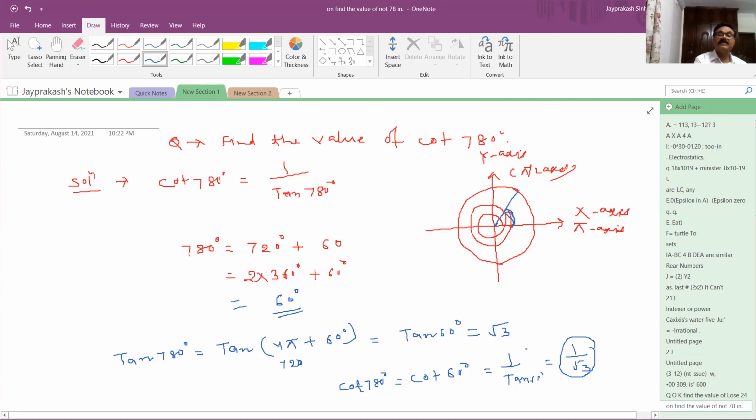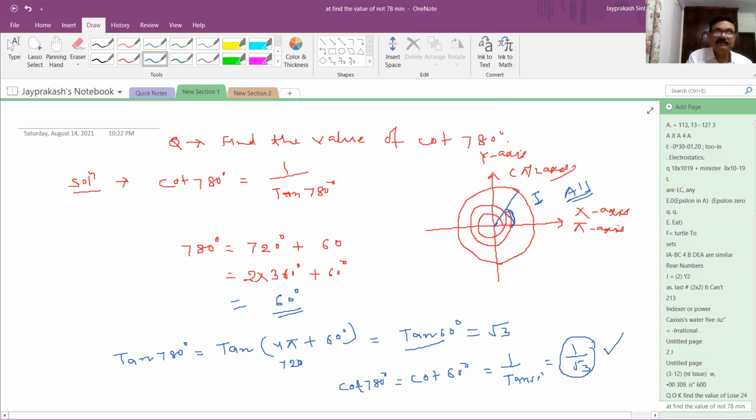Because this angle lies in the first quadrant, where all values are positive, that is why we have taken only positive values. In this way, you can find the trigonometric value of any angle very easily if you have well understood the concept.